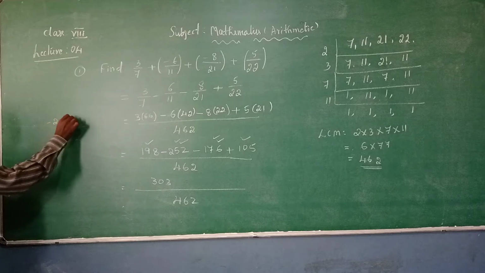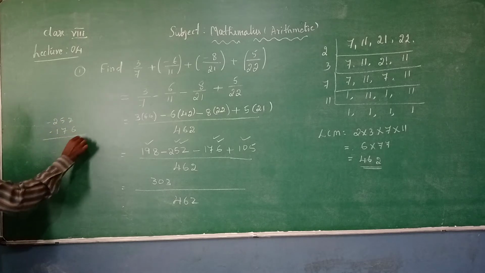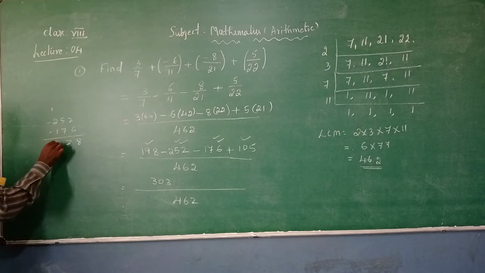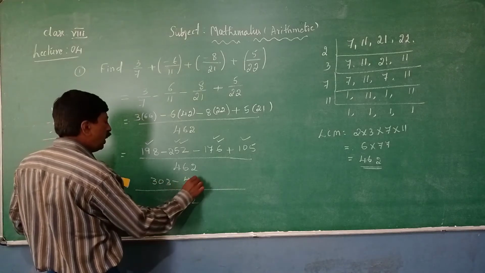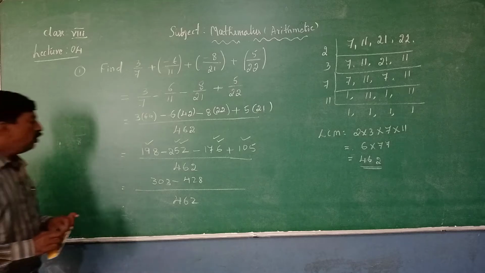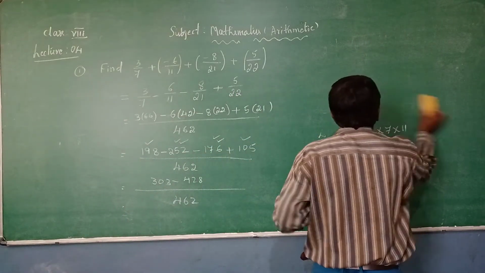Minus 252 minus 176: 2 plus 6 is 8, 5 plus 7 is 12, 1 carry, it is 4. So that is minus 428. Now we got 303 minus 428.